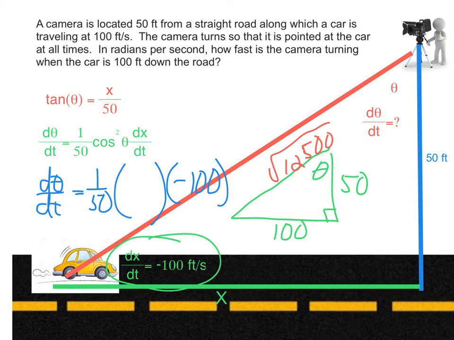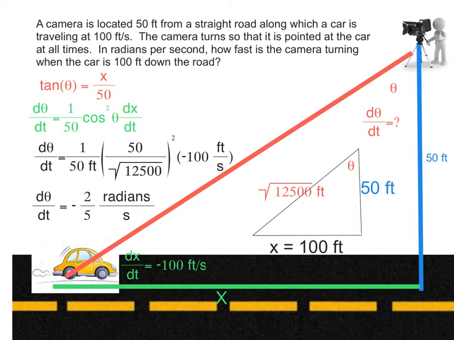And now, if I'm using the Pythagorean theorem, I found that side, I can now plug in, because cosine is adjacent over hypotenuse, so this would be 50 over the square root of 12,500. And that's squared, because it was cosine squared. All right, so cleaning that up and simplifying, we get d theta dt is negative 2/5.